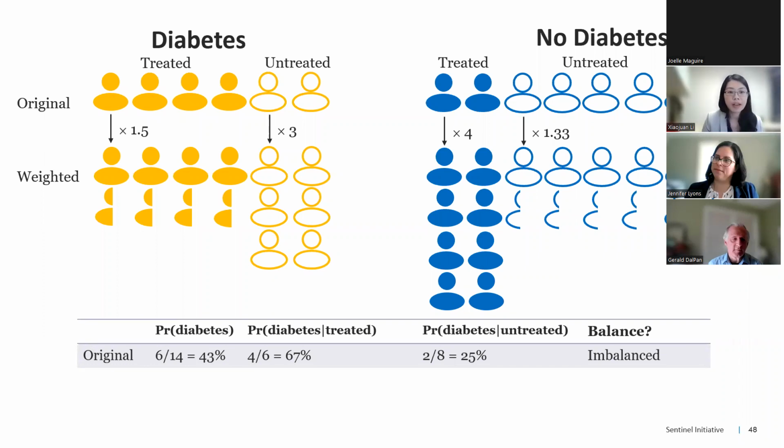The untreated diabetic individuals will each receive a weight of 6 divided by 2, which is 3, while the untreated non-diabetic individuals each receive a weight of 1.33, which is 8 over 6.